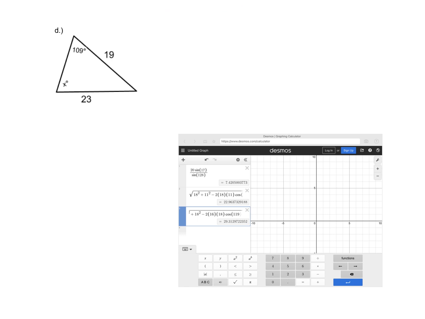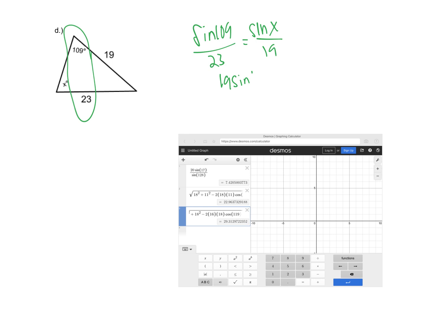All right, now this one is going to be law of sines again because I have a pair. So it's the sine of 109 over 23 is equal to the sine of x over 19. So 19 times the sine of 109 is equal to 23 sine of x.